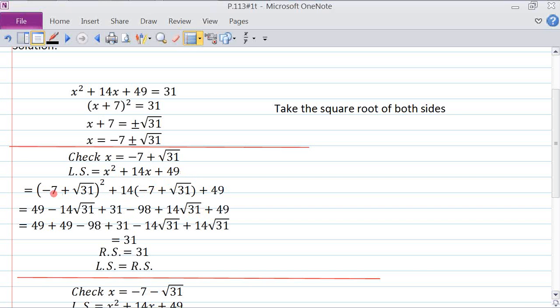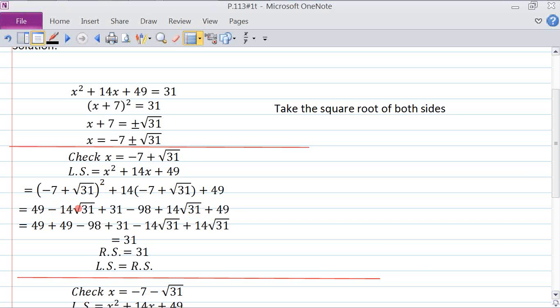So this squared, the first times the first, gives us 49. -7 times -7 gives us 49. And root 31 times root 31, the last times the last, gives us 31. And if you check the middle term and the inner term, it's -7 root 31, and the outer is also minus 7 root 31.